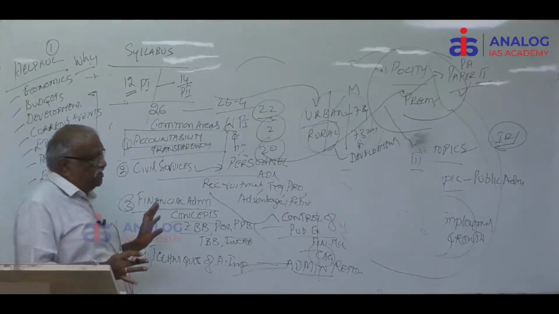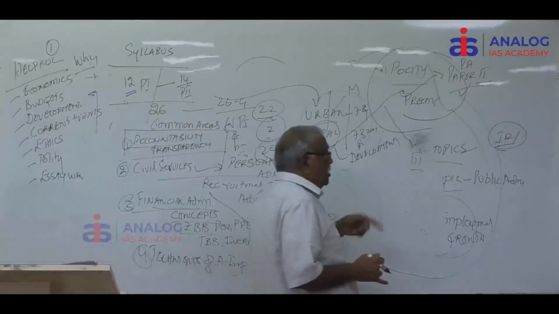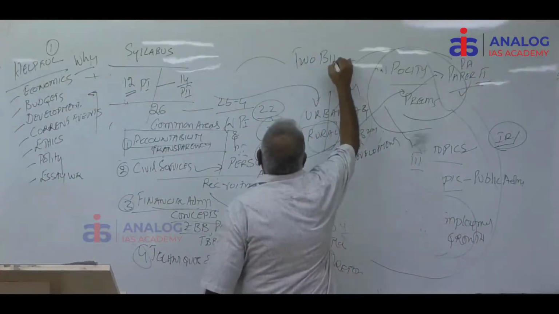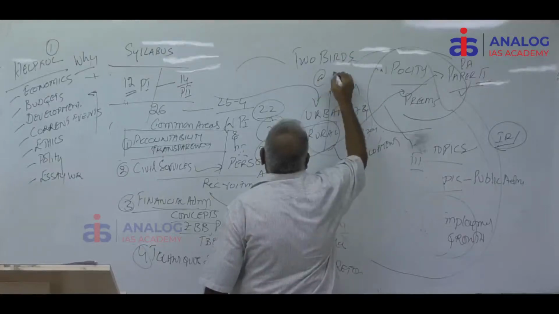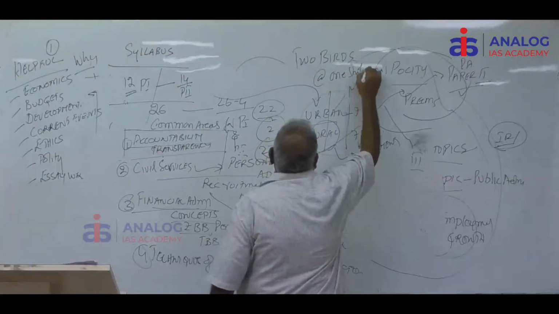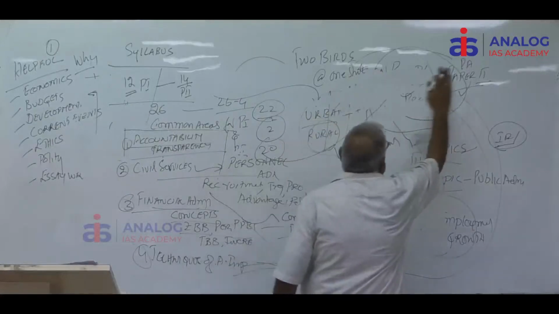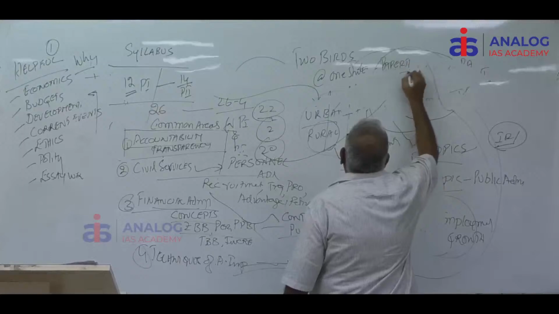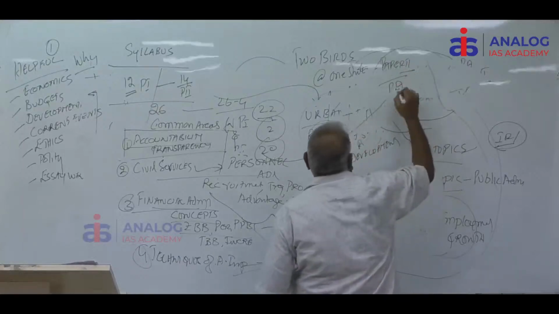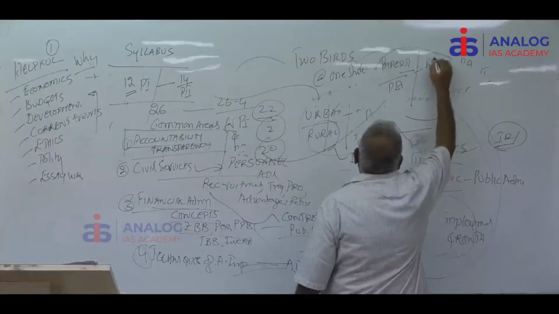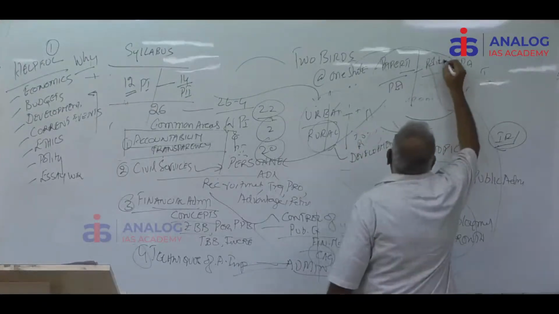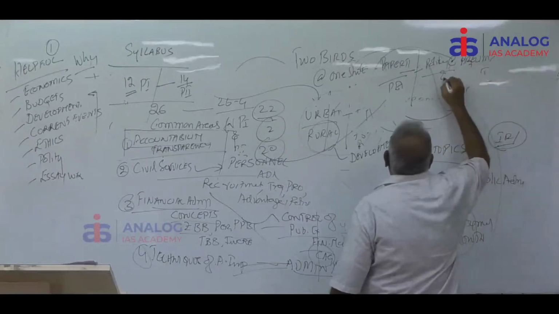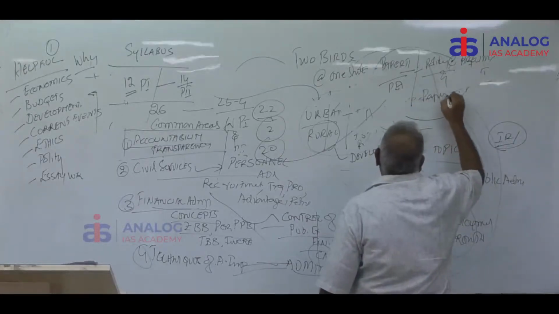So paper 2 is taken care of. That means 2 birds at one shot. That means your paper 2 of public administration, PA, coexists with the polity segment at prelims and paper 3 of GS.